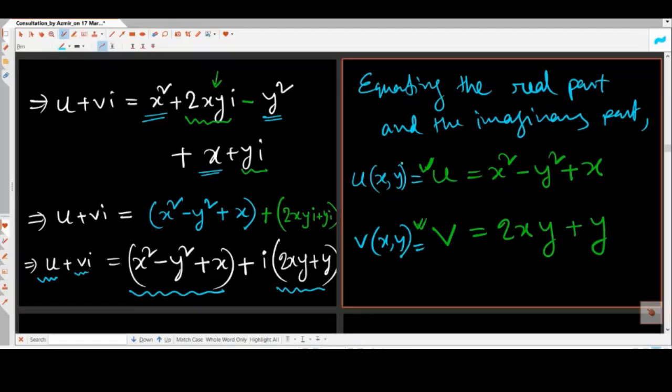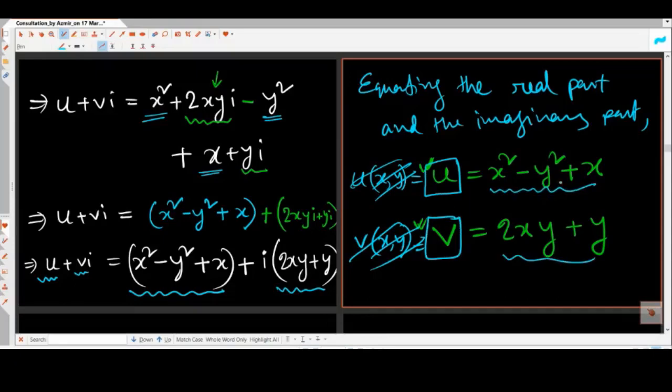But for simplicity, we are skipping this. We are just writing u and v. From the right side of these two functions, we can easily understand that u and v are functions of x and y.